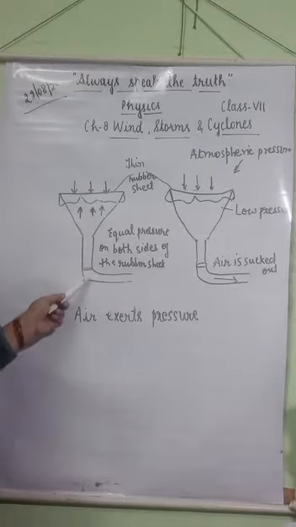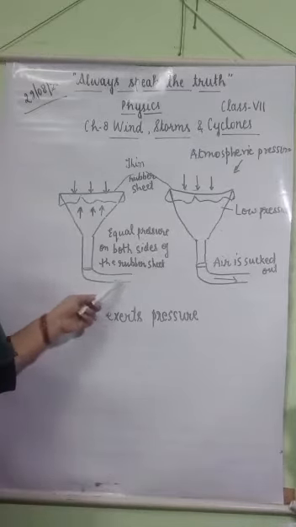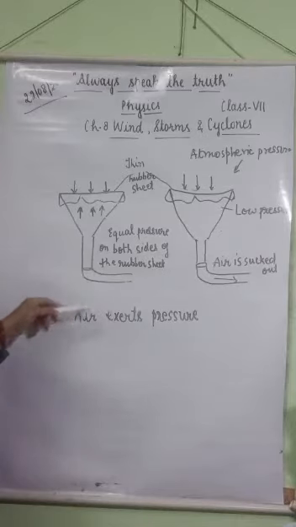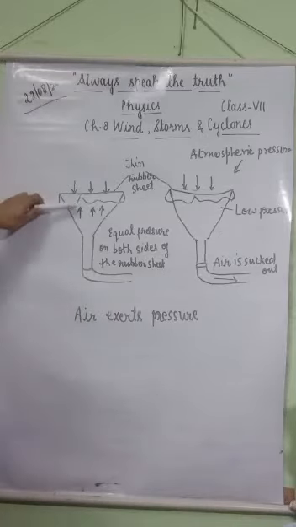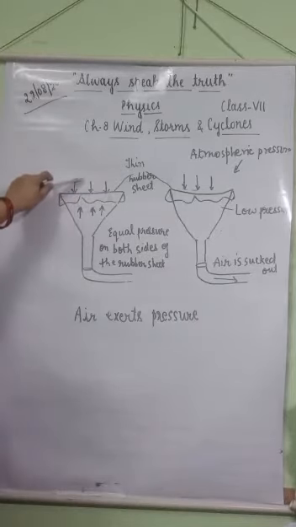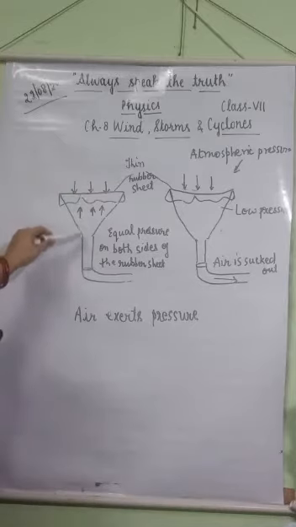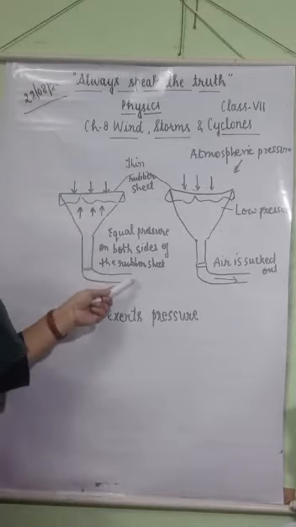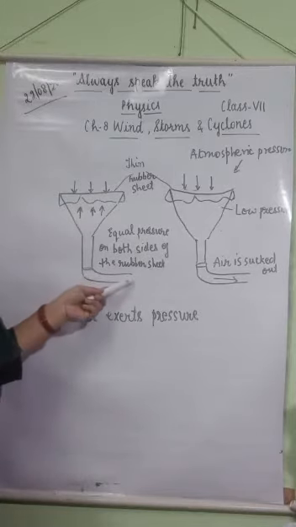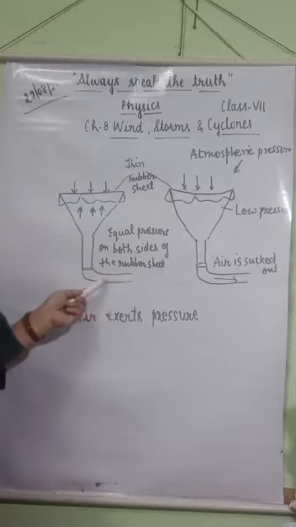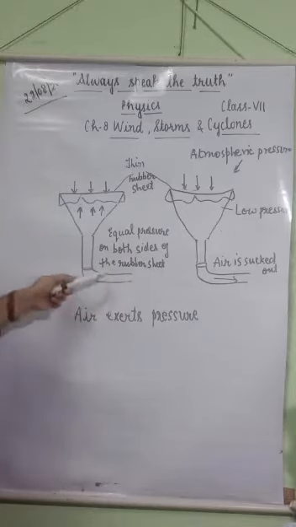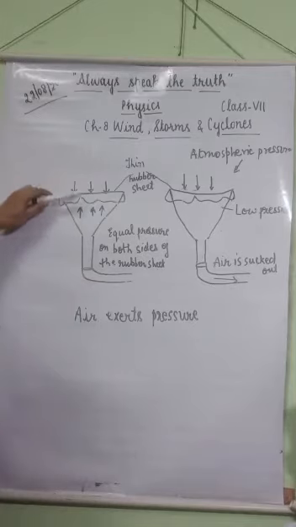Now keep the open end of the tube open, and you will see that the pressure exerted by air on the surface of the rubber sheet is equal to the pressure exerted by the air inside the funnel, because air comes inside the funnel through this rubber tube, and pressure is equal on both sides of the rubber sheet.